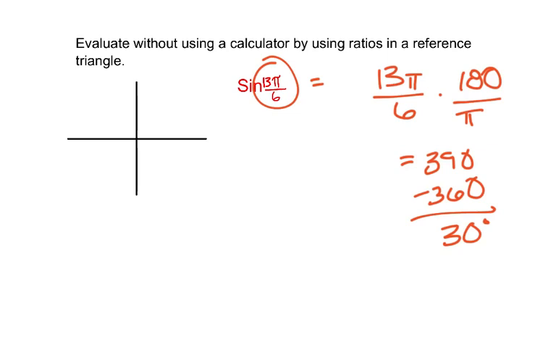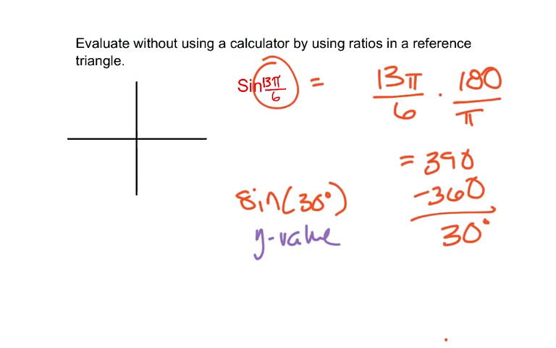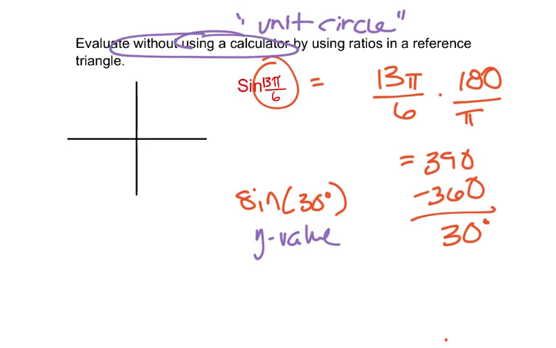So we are saying that we're actually looking for sine of 30 degrees, meaning the y value at 30 degrees. So going to our unit circle, the y value at 30 degrees is a half. So pretty much every time they're saying without using a calculator, you always want to go to the unit circle. And so that was a half as our answer.